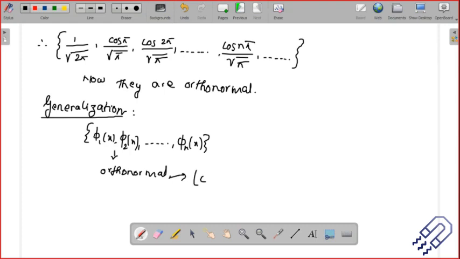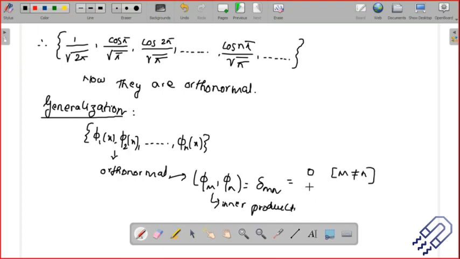This implies that the inner product of phi m and phi n is equal to delta mn, right? This will be equal to 0 if m is not equal to n, and this will be equal to 1 if m is equal to n.